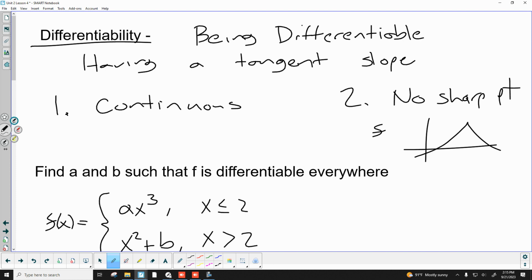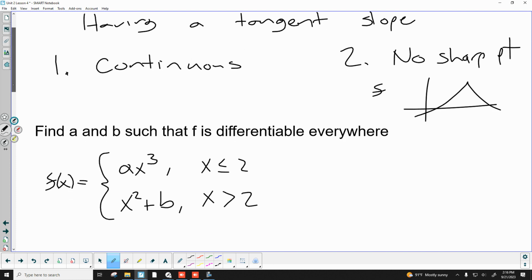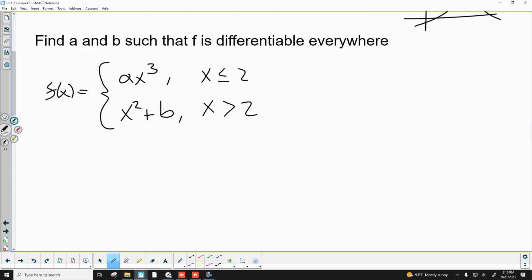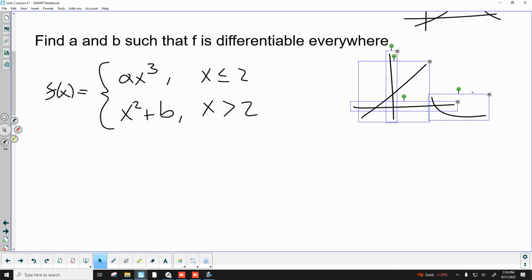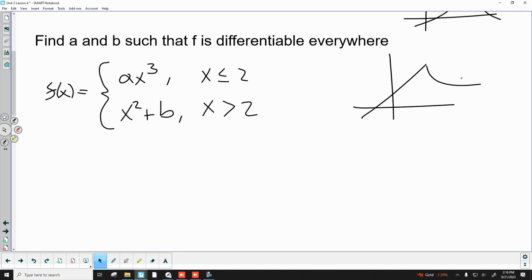Now the way we are going to test you on this is bringing back our favorite guys, the piecewise functions. Because piecewise functions, again, this lesson is all about different kinds of derivative problems. Piecewise functions sometimes connect, sometimes don't. When they do connect, they typically connect at a sharp point.